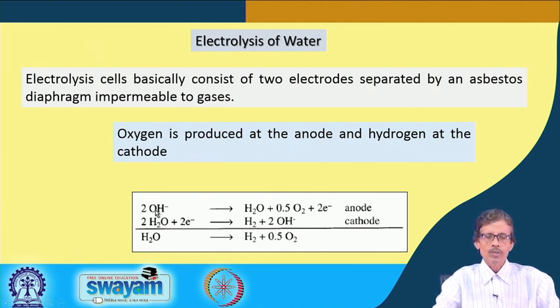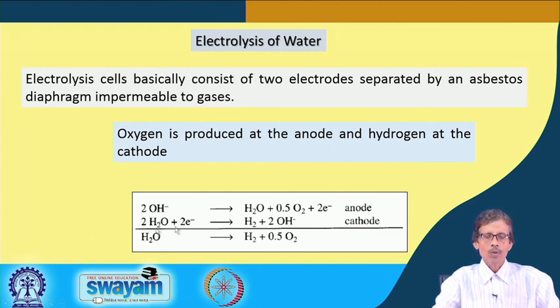So, for the anode, where the oxygen is produced, the reaction we can write for the electrolysis is from the hydroxide ions, because if we change the pH of the water, we can have alkaline medium. Otherwise, we also have plenty of hydroxide ions. These hydroxide ions, when they give up electrons at the anode, give the production of 0.5 mole of oxygen.